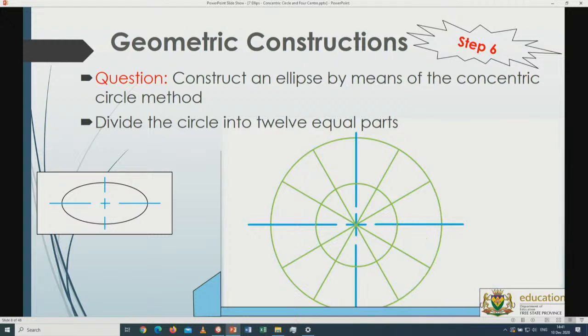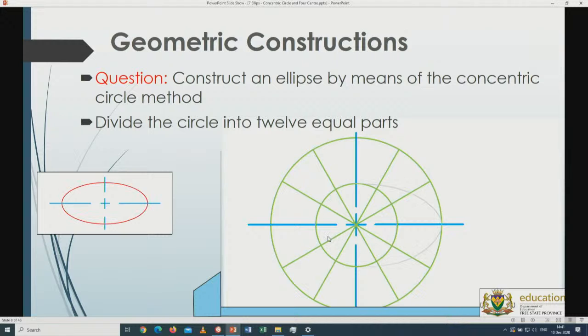Now if you use your 30 degrees and 60 degrees, you can imagine that this is 30, that is 60, and then that is 90, so it's going to be 30, 30, 30. So we use our 30, 60 degree set square in order to find those 12 points. Right, so there we go with that.